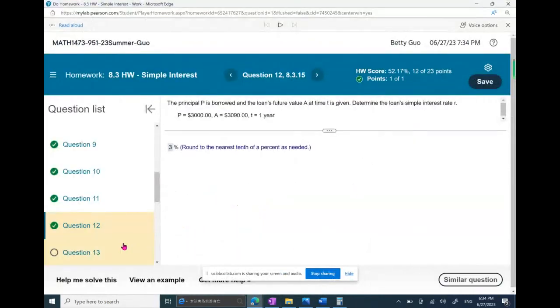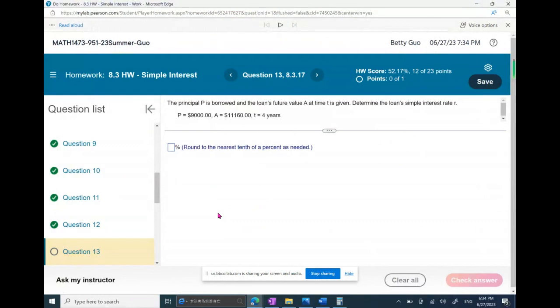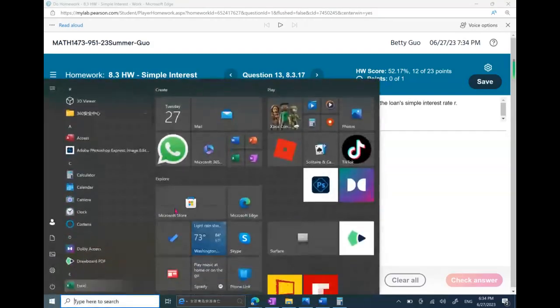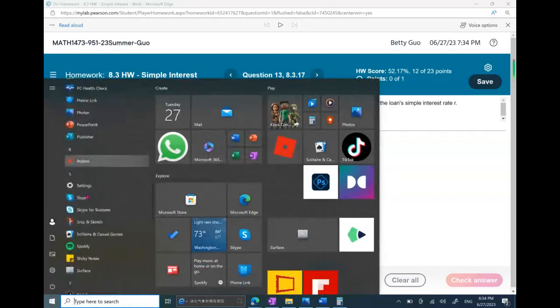Next question. Question number 13. Principal, future value. Okay, same as earlier. We are looking for the simple interest rate. I'm going to copy paste, because it's not 1 year.